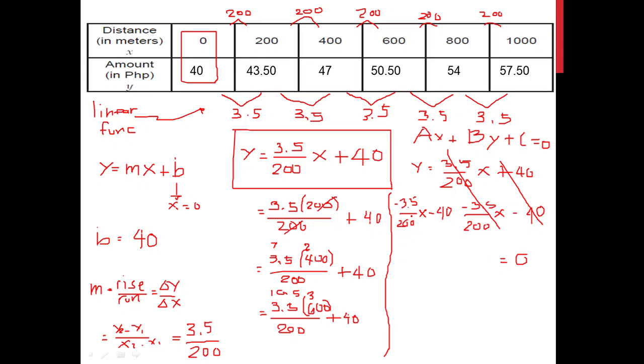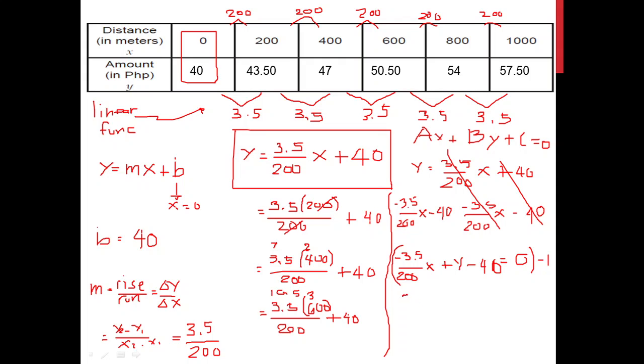Here, 3.5 over 200x does not have the same term, so I'll just bring it down, negative 3.5 over 200x. My y does not have any similar term also, so I'll bring down positive y here, same as my negative 40 there. My x is negative, so I'll multiply both sides by negative 1 so that my first term will be positive.